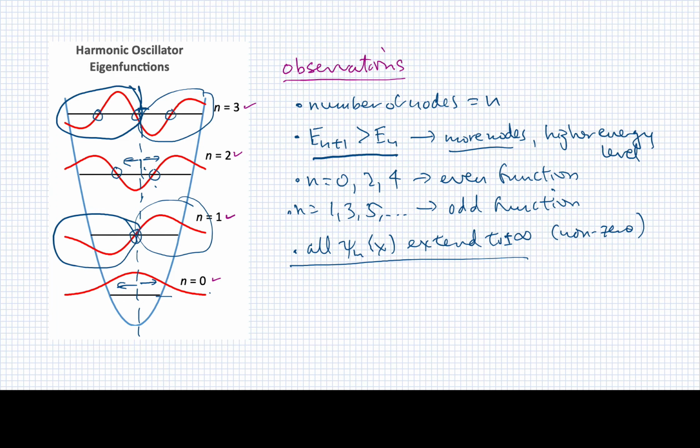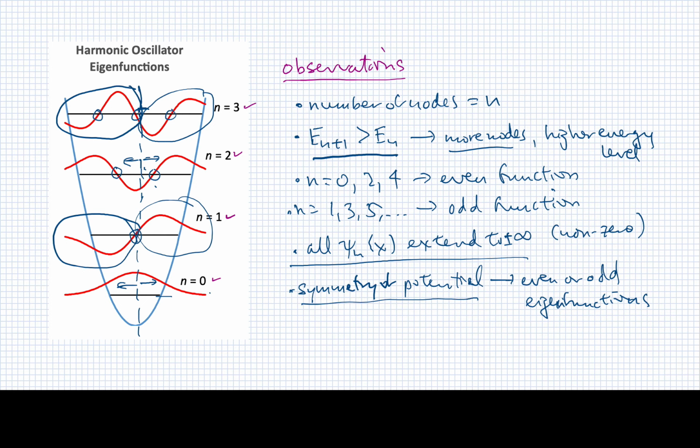Finally, I'll note here that the symmetry of the potential is what guarantees that the eigenfunctions of this potential will either be even or odd. So this is telling us that there is an implicit and intrinsic relationship between the symmetry of the potential and the quality of the eigenfunctions that we get from that potential.